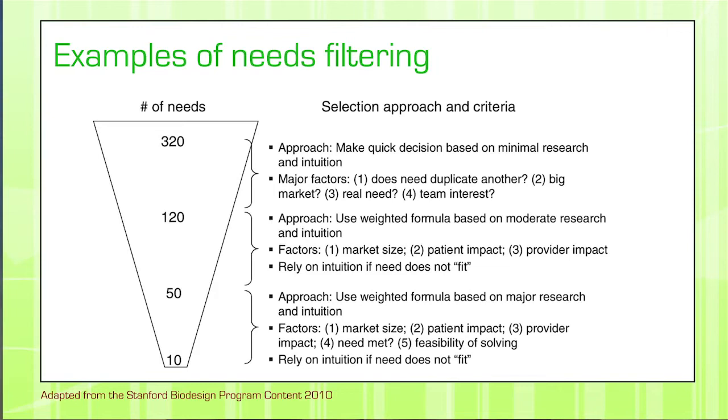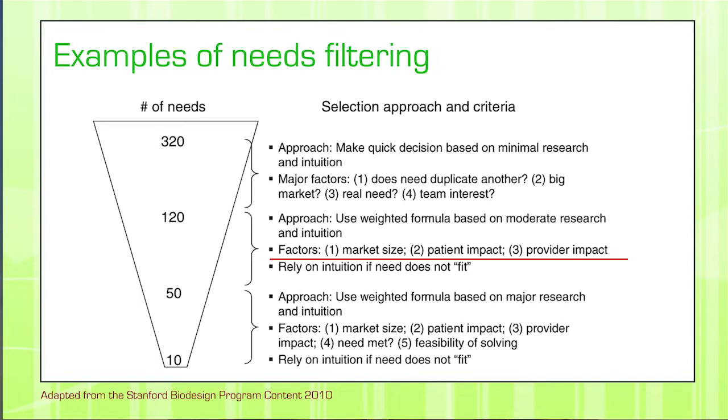As we're going to see later on, you'll use a spreadsheet or another scoring system in which you evaluate really fast and with very few data points, maybe the market size, the patient impact, whether providers want a new solution to emerge or not, and of course your intuition.